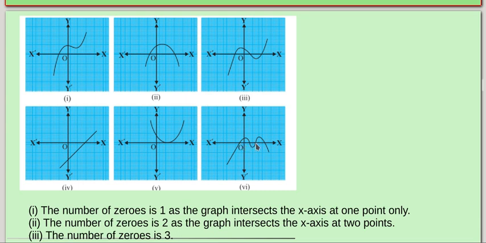Here it is meeting the x-axis at 4 different places, 1, 2, 3, 4, so it is a biquadratic polynomial. In this graph, it is meeting the x-axis at 3 different places. In this graph, it is meeting the x-axis at 2 different places. It is crossing the x-axis at only one place.